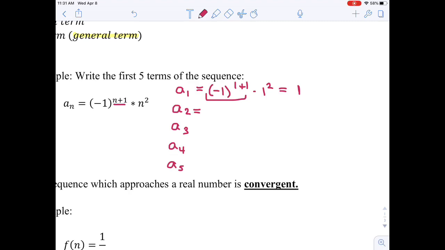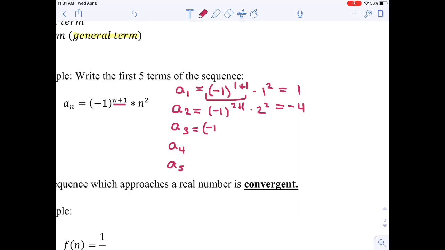When n is 2, we're going to have -1 to the 2 plus 1 times 2 squared. So -1 to the third is -1, and 2 squared is 4, so we end up with -4 here.